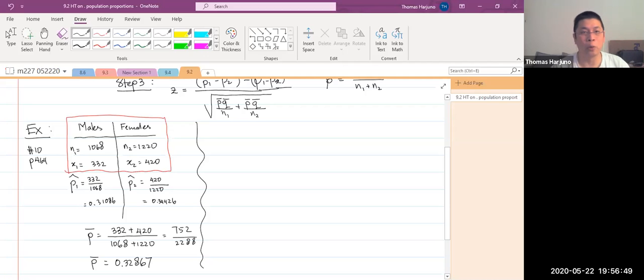Suppose the claim, I make up the story, is more female experience osteoporosis than male.